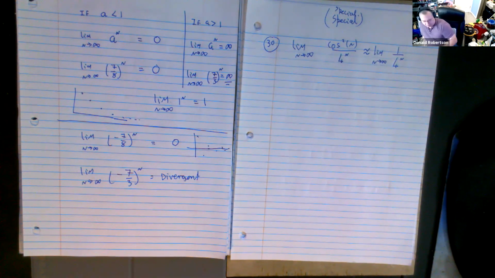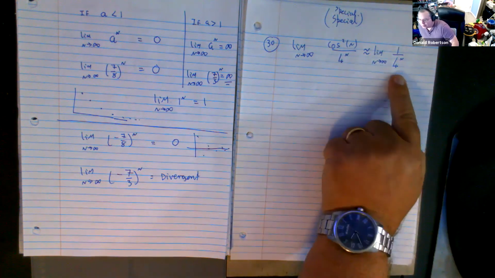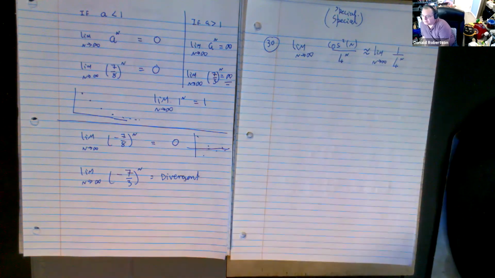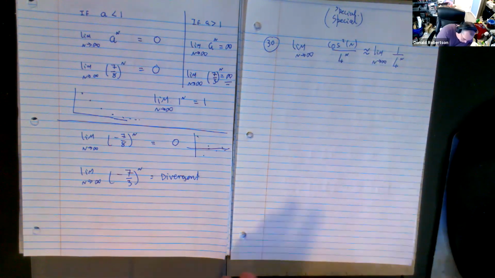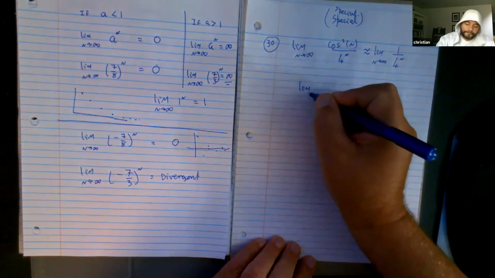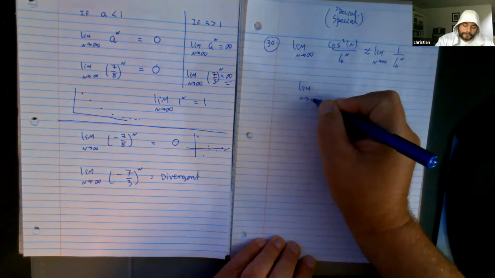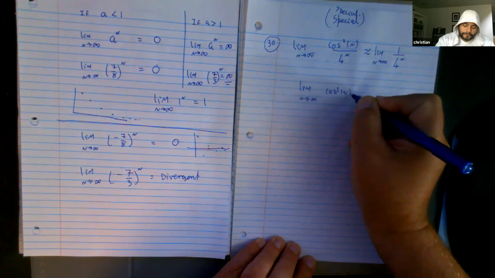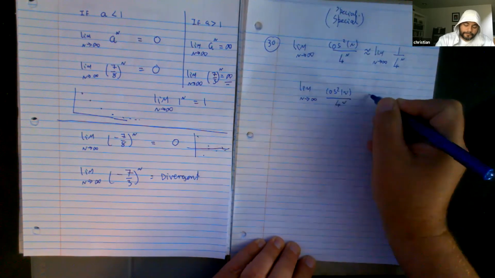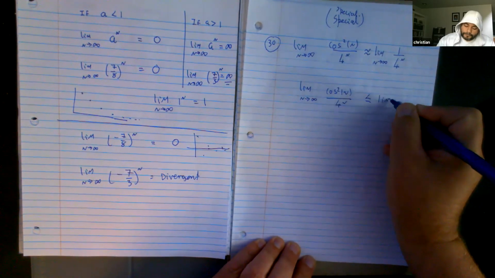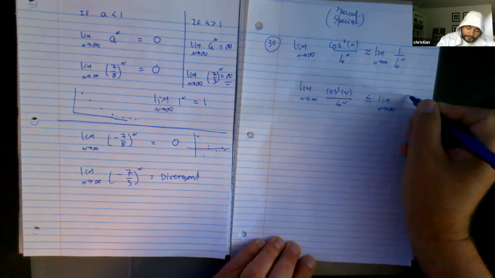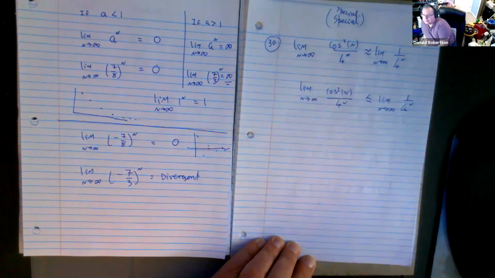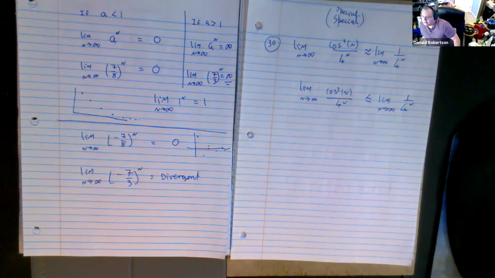And in most situations, isn't it going to be smaller than that guy? So I could write it, if it makes more sense to you, like this. Are you happier with the logic of that line?